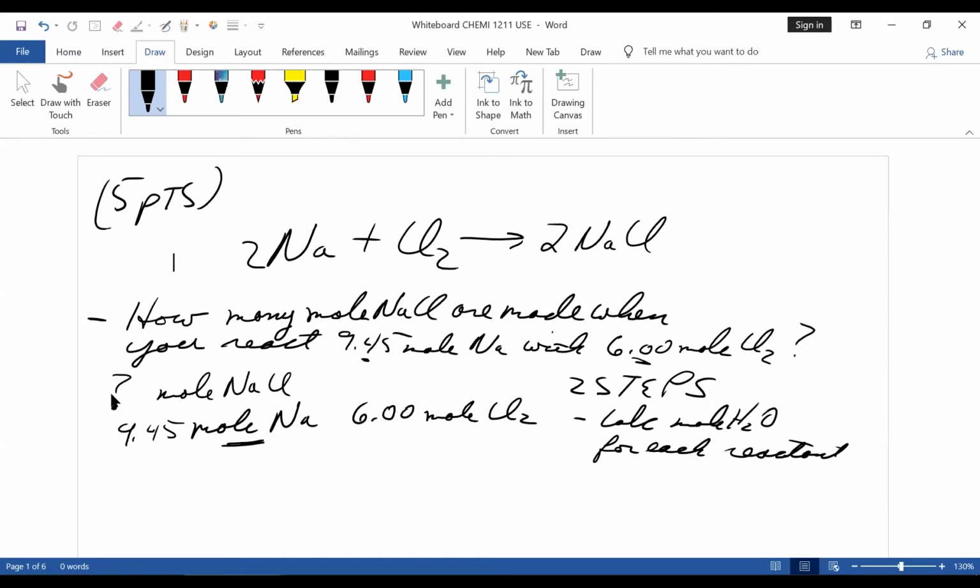Remember, the coefficients of a balanced chemical equation give you molar quantities or ratios. And don't forget to use your good buddy, your good friend, unit analysis. I'm just asking you to do the first one, not all of them. Dr. White's being mean this morning to you, making you work hard.